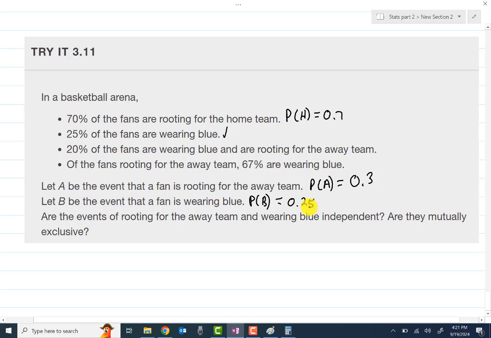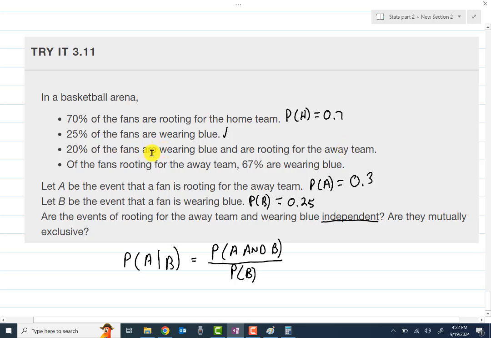Are the events of rooting for the away team and wearing blue independent? Are they mutually exclusive? Well, let's start with independent first. So what I need to do is look at the probability of A given B. Let's see what we have here. I have the probability of A and B divided by the probability of B. Now this is supposed to turn out to be the probability of A if everything works out well. Here 20% of fans are wearing blue and are rooting for the away team.